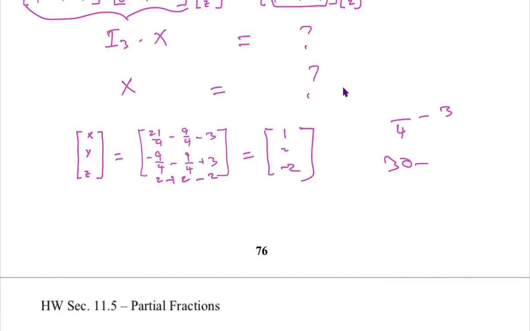That's 21 minus 9, that's 12. And 12 divided by 4 is 3.